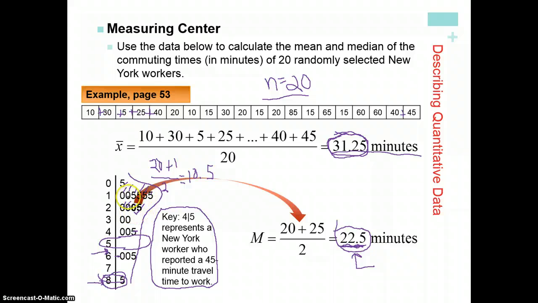It's based on position, so it is not affected by the lower values or the higher values that may be influencing the average, because the mean is involved in the sum right here. It's affected by every single observation. So because we have this high number 85 and these higher numbers 60 and 65, this mean is dragged in the direction of those observations, and it comes out higher than the median.